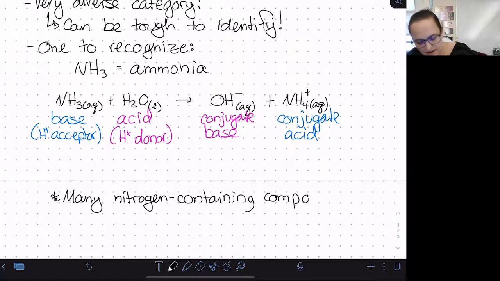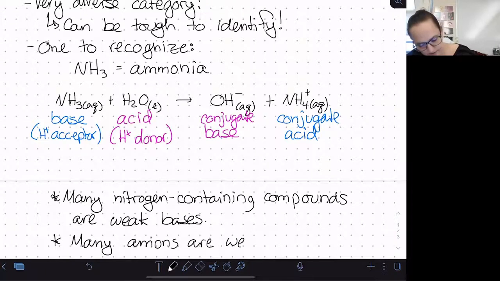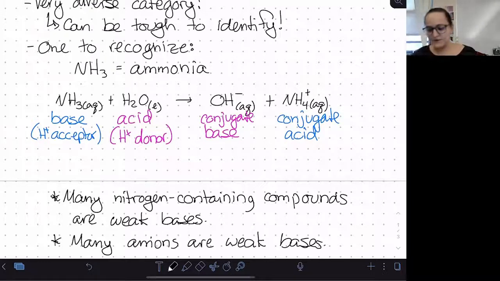And many anions are also weak bases. But again, not all of them. And we'll learn to identify when an anion is a weak base versus when it is not a weak base in a couple videos from now.